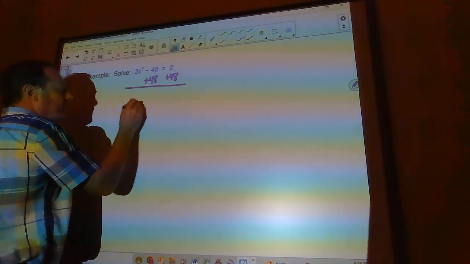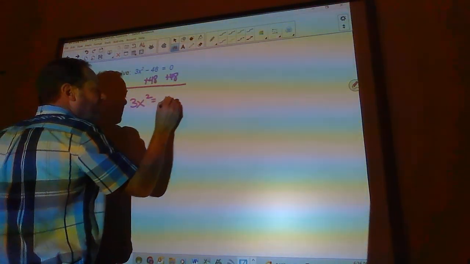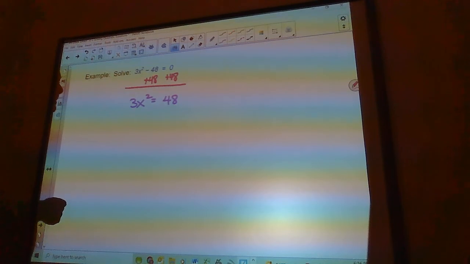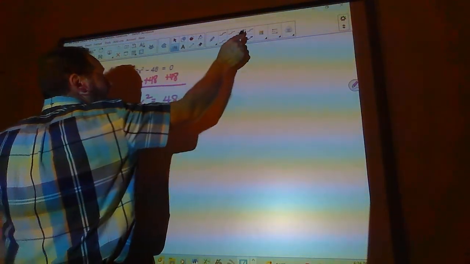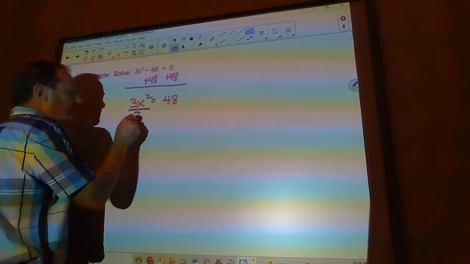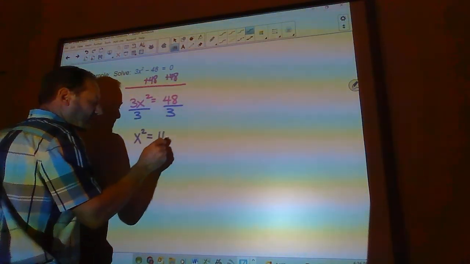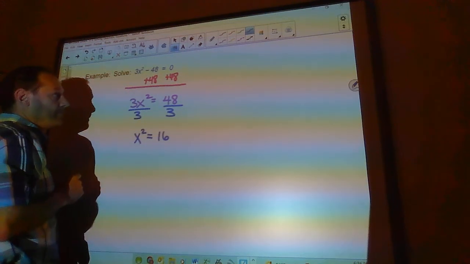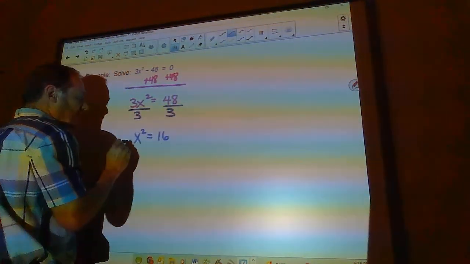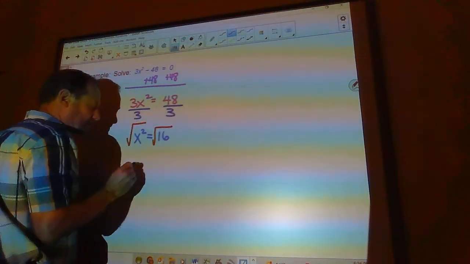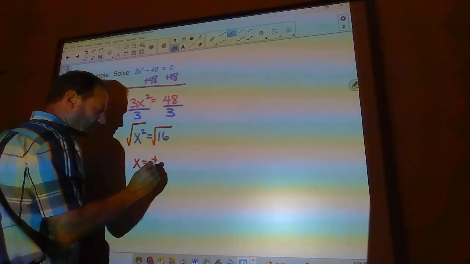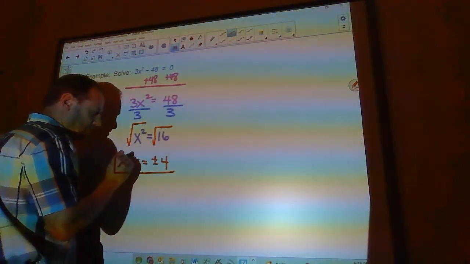So 3x squared will equal 48. Now I'm going to divide both sides by 3. So x squared is going to equal 16. And now I'm going to square root both sides. So x is going to equal plus or minus 4.